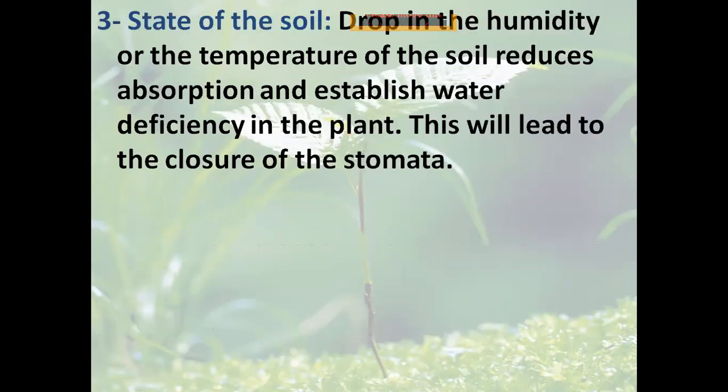State of the soil. The humidity or the temperature of the soil is important for the process of transpiration. When the humidity or the temperature of the soil drops, it will lead to a reduction in absorption and will lead to deficiency in water.